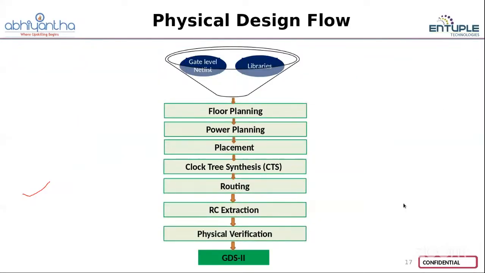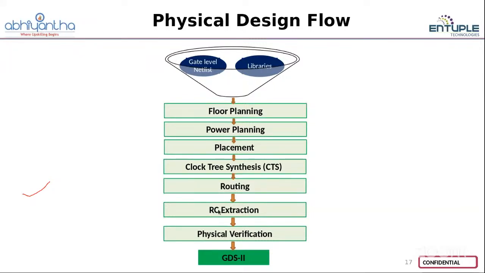The physical design flow, as we mentioned, consists of various stages other than the processes we have discussed. We add the gate level netlist and the libraries, then we do floor planning, power planning, placement and clock tree synthesis, and then the routing process. Here we also do the RC extraction step. After the routing process, once all the network layers are completed, we need to extract your RC values. The main goal is to reduce the delay.